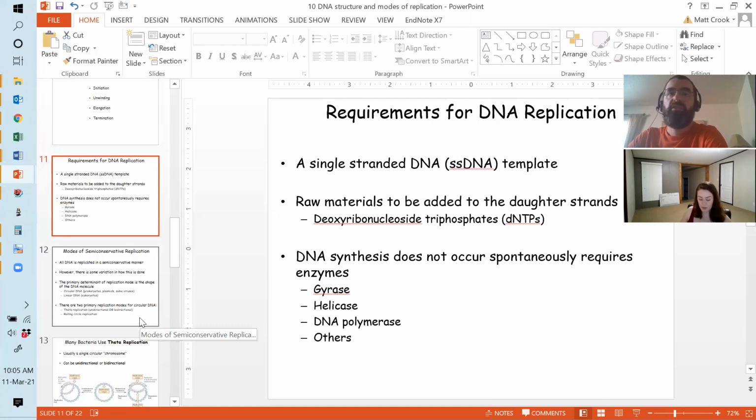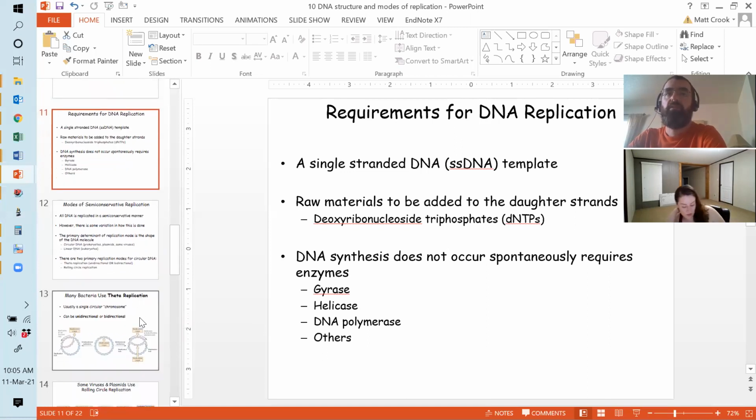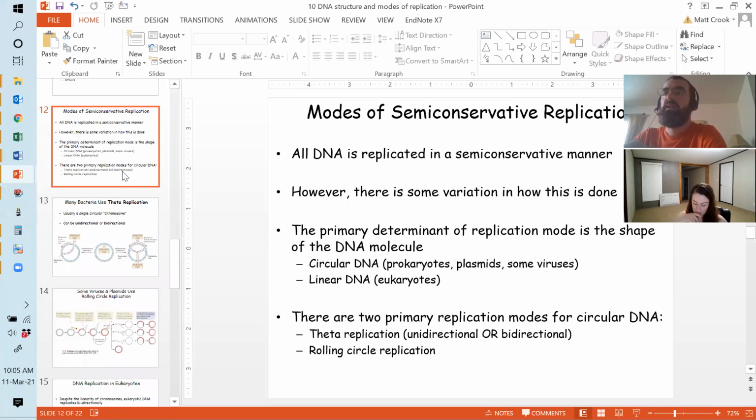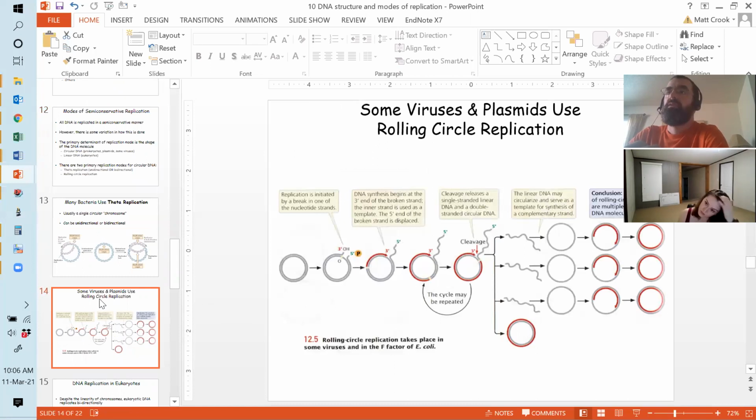Okay, so essentially we have different ways of synthesizing DNA or replicating DNA based on the different types of DNA or genomes that different organisms have. So the simplest and fastest is what's called rolling circle replication, right?